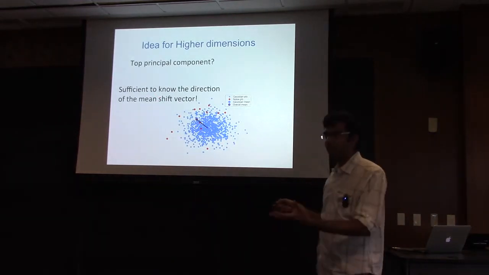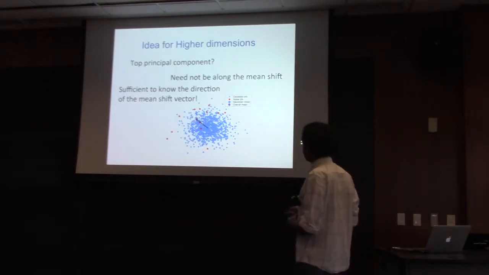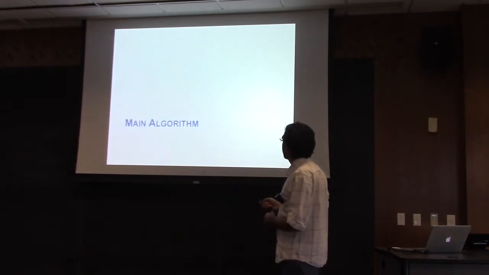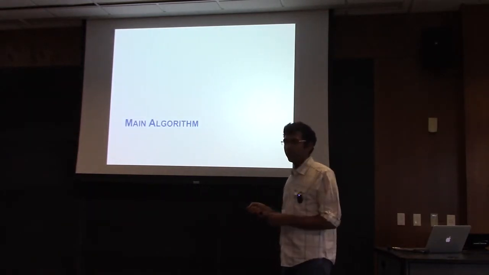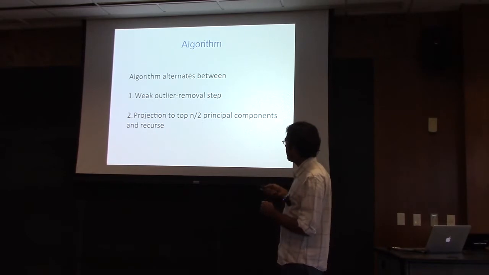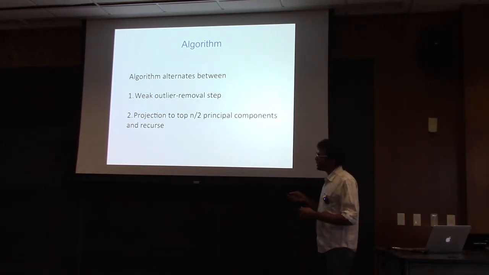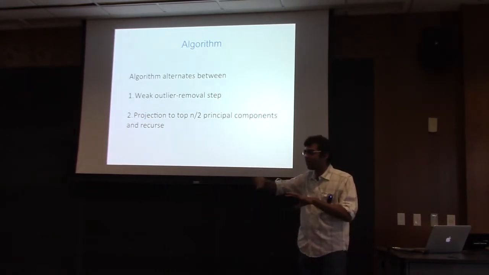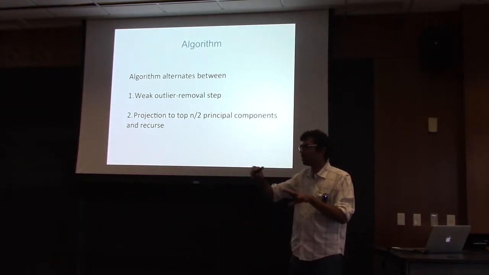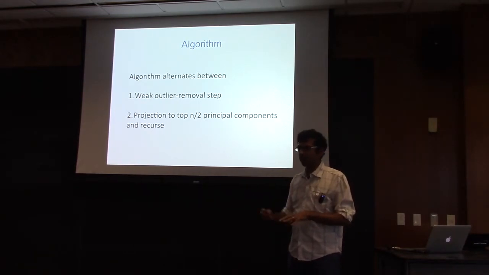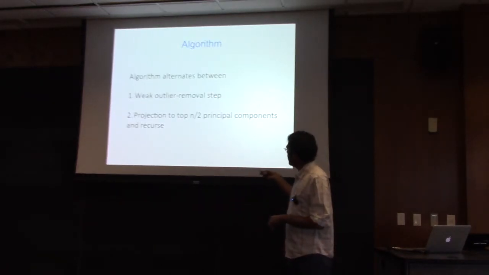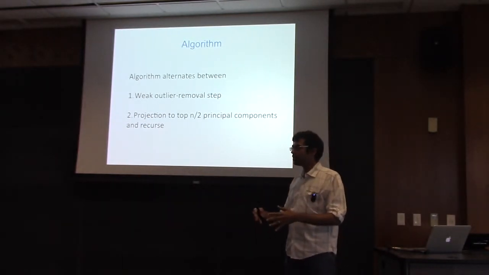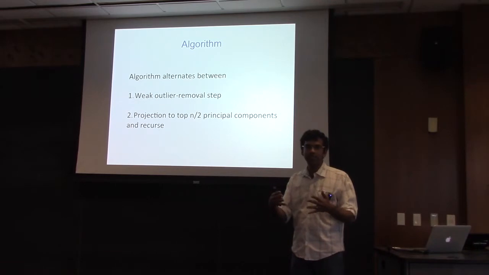Okay, so now let me be more specific. I'll describe the algorithm in detail now. It involves two steps, and we iterate over them. First is a weak outlier removal step. If there are points at infinity or far from the rest of the distribution, we can throw them away. The second step, once we have done the weak outlier removal, is to compute the covariance matrix.